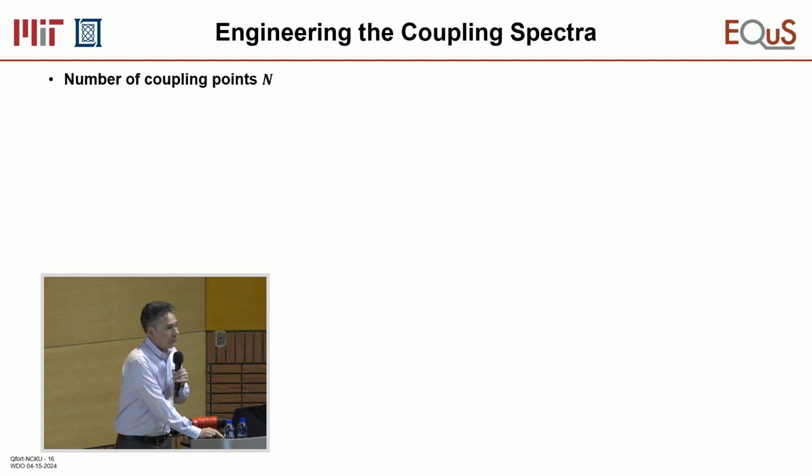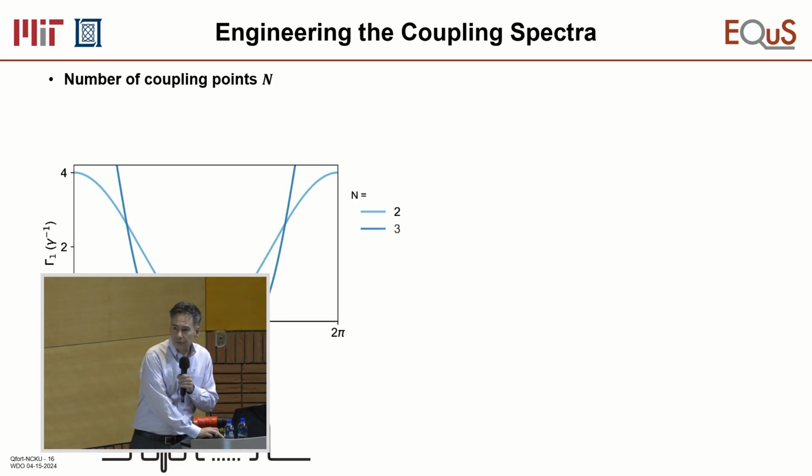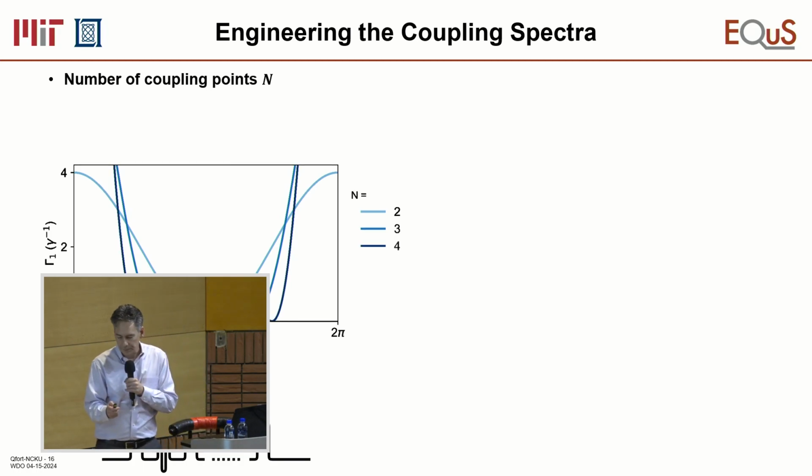Now, there are many things we can do to engineer the coupling spectra. One is the number of coupling points. So we just saw that we coupled the qubit at 2 points, and it has 1 minima in the decay rate. Turns out, if we couple it at 3 points, we now have 2 minima. And if we couple it at 4 points, we now have 3 minima, so n minus 1 minima.